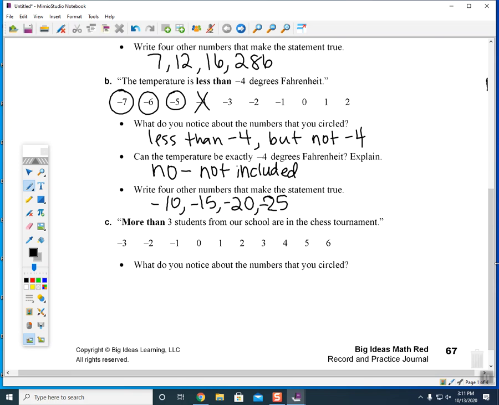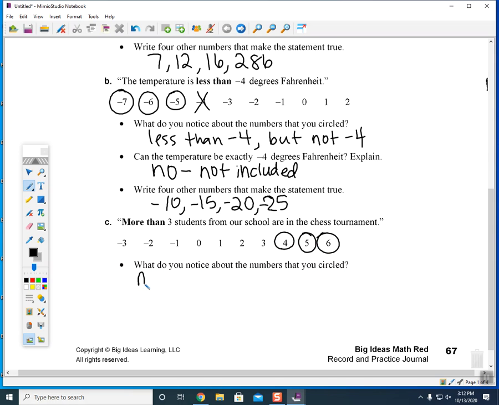Our next one: more than 3 students from our school are in the chess tournament. More than 3 means that it's all numbers that are greater than 3. But this is similar to our last one, right? We're not going to include 3.